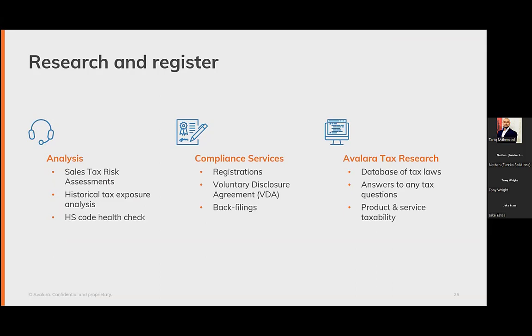Touching on step 2, our compliance team can help you register with the correct states. And we have our Avalara tax research tool, which provides quick and clear answers to help you get tax right. This self-service tax research tool gives you access to comprehensive and up-to-date tax answers.